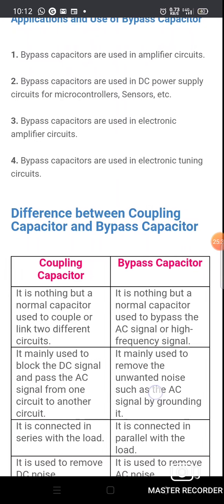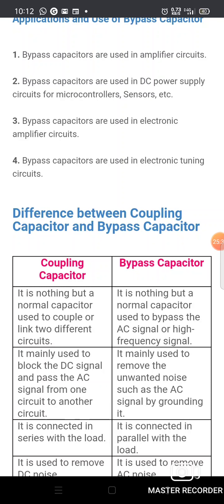In your syllabus last unit, that is the 5th unit, you have tuned amplifier concepts. In that you have different types of tuned amplifier circuits: single tuned, double tuned, stagger tuned, etc. In those circuits we have a bypass capacitor at the common terminal between input and output.